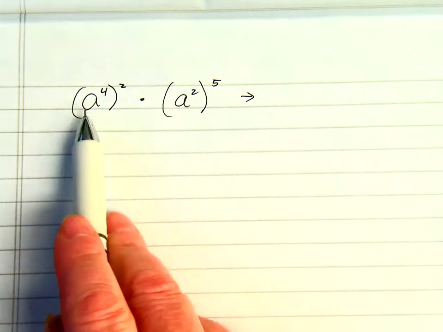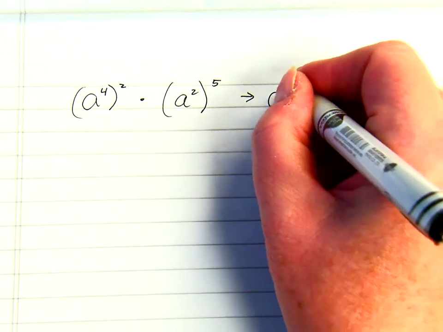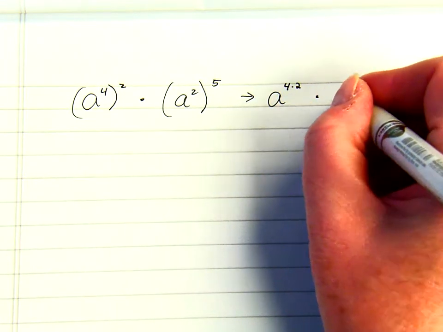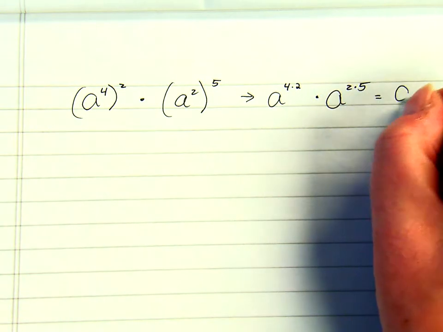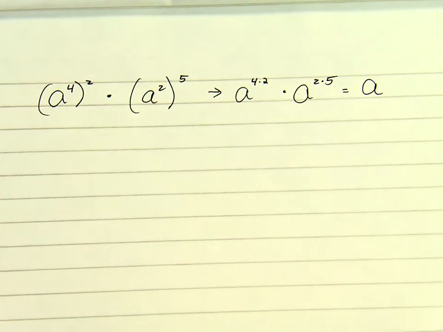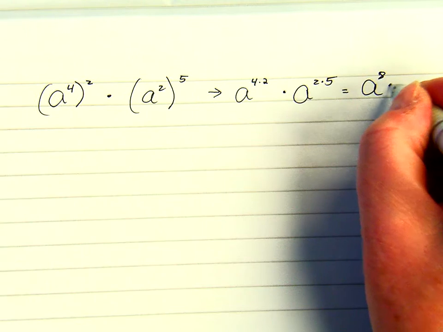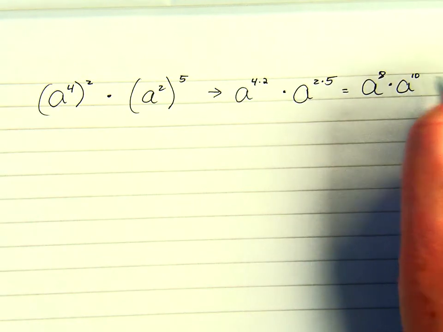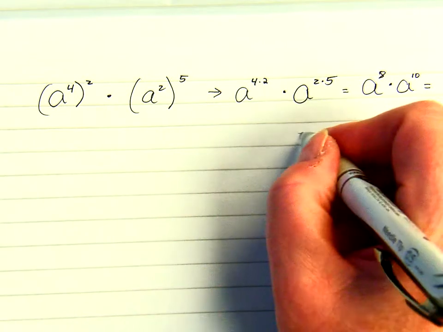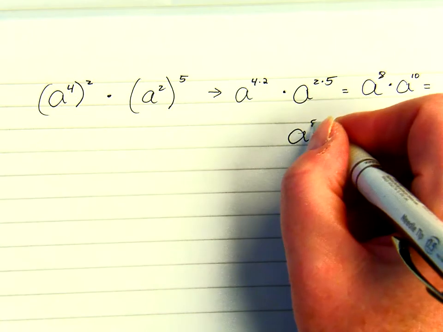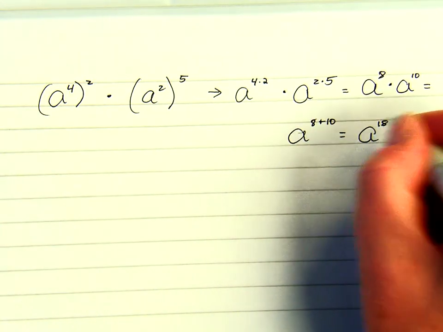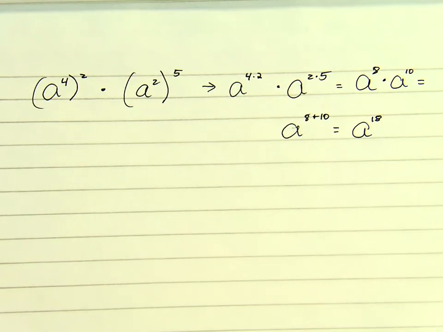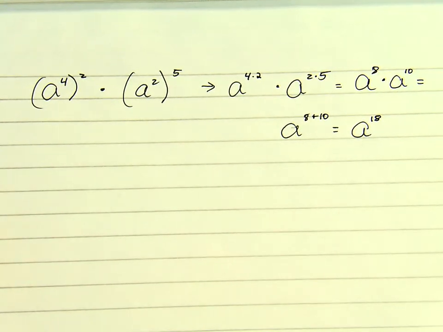So what's going to happen is this is a to the 4 times 2 times a to the 2 times 5, which is equal to a to the 8th times a to the 10th, which is now equal to a to the 8 plus 10, equal to a to the 18th. Hopefully that is making real good sense to you.